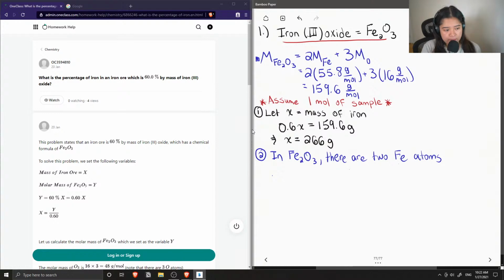So if we think about the molar mass of just iron, it is 55.8 grams per mole.